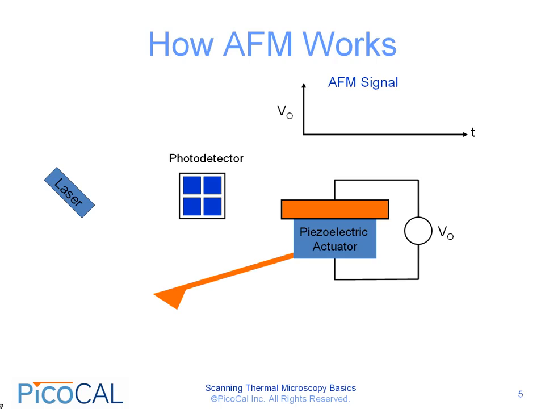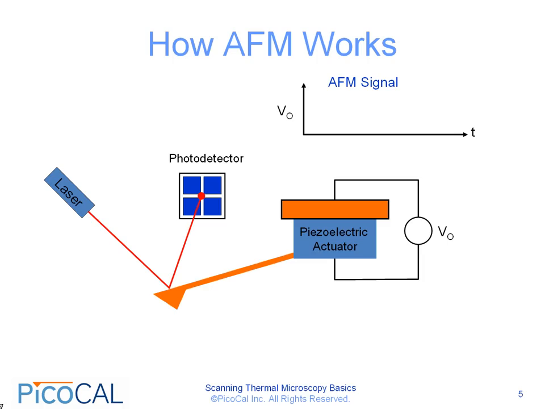How it's implemented is that there is a sharp tip mounted on a cantilever beam which is attached to a piezoelectric actuator. This piezoelectric actuator can be moved up and down very sensitively by using a servo control voltage, V0. A laser beam is reflected off the end of the cantilever beam, just above the probe tip, and the reflected signal is aligned into a photodetector, a position-sensitive photodetector.